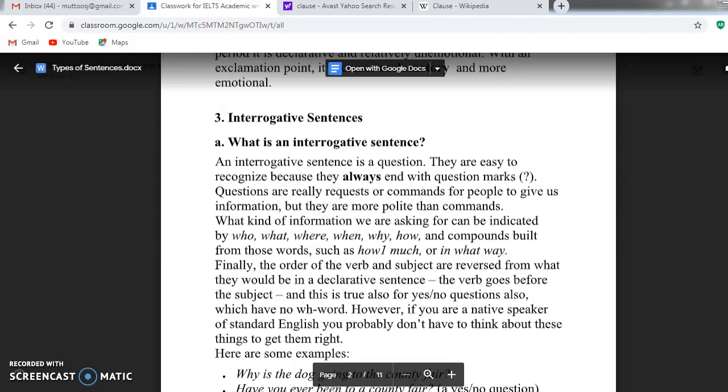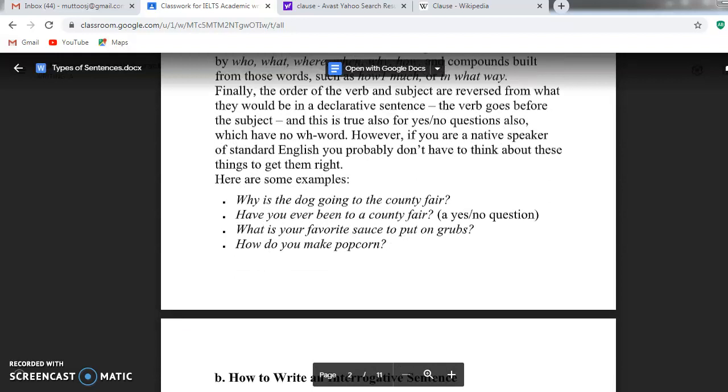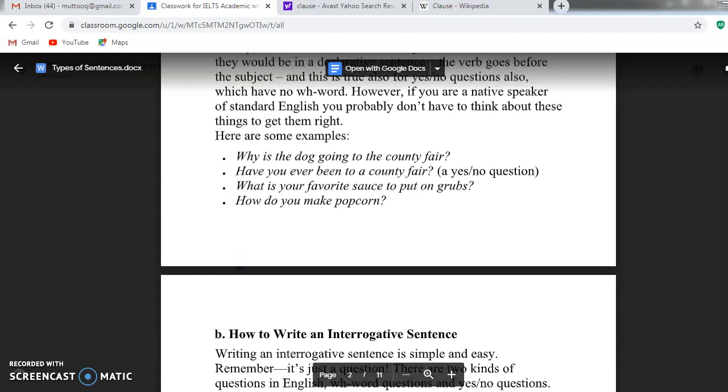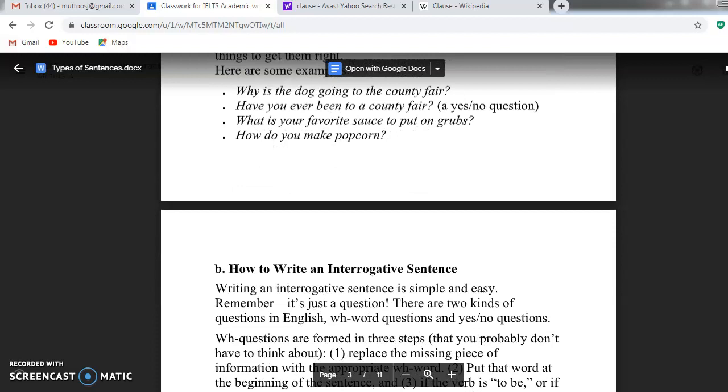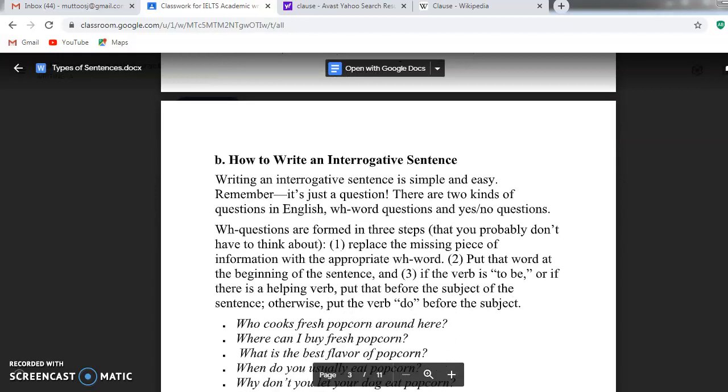Second type, interrogative sentences. An interrogative sentence is a question. How to write an interrogative sentence? Writing an interrogative sentence is simple and easy.